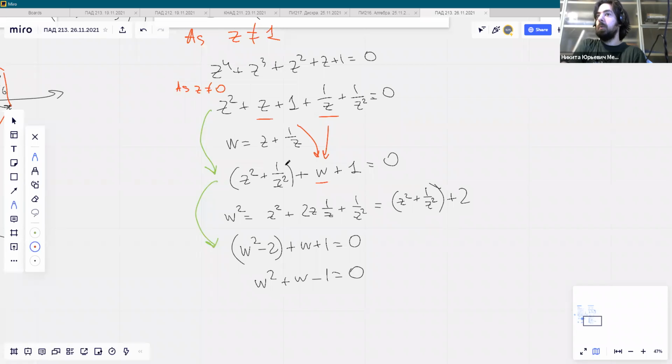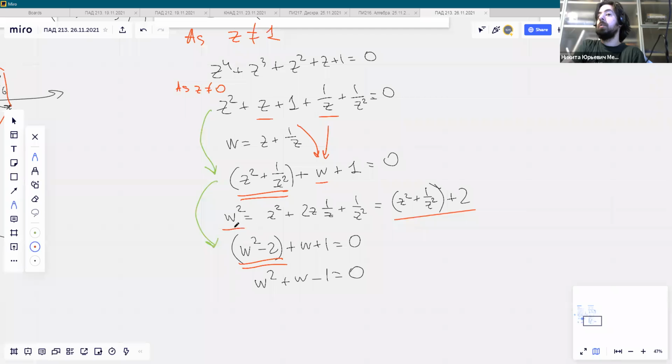Now it's worse. Now it contains both z and w. So I want this part to somehow represent through w. So lucky for me, w squared equals this, then this equals w squared minus 2. I can put this 2 to the left-hand side.